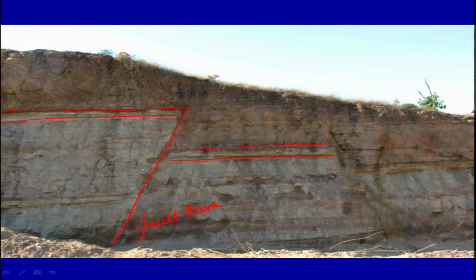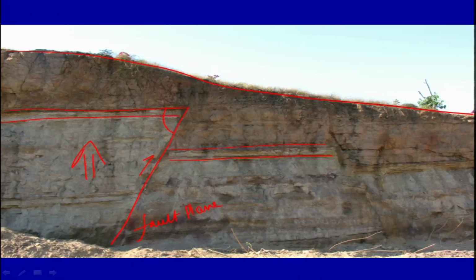So the displacement, what we see is that this block has moved up. So again we have the attitude of this fault. Okay. So with respect to horizontal, you can measure this fault angle. Okay. And of course the strike you will be able to see on the surface of the fault scarp. So what we have seen is that this block has moved up and it has created the topography which you can see here.